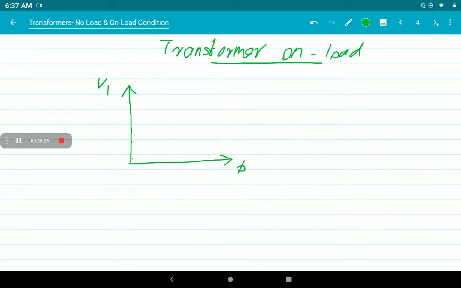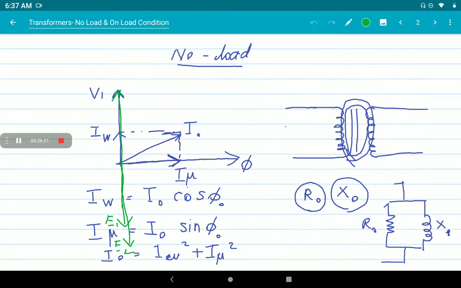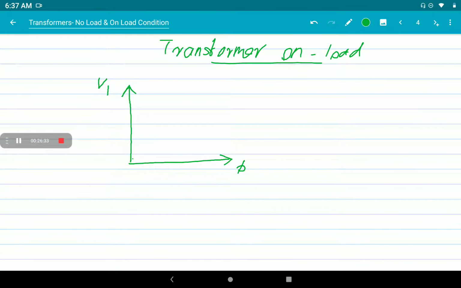First no load conditionലാണെങ്കിലും എന്താണ്, on load conditionലാണെങ്കിലും there will be a current I0. So we have to draw first I0. We have already studied how to draw I0 like this. So and also in on load condition there is another current I2 dash also, and I1 is the vector sum of I0 plus I2 dash. So you have to draw these two.